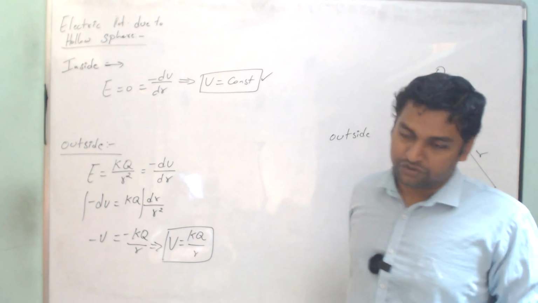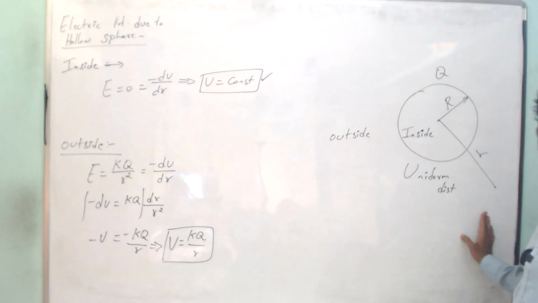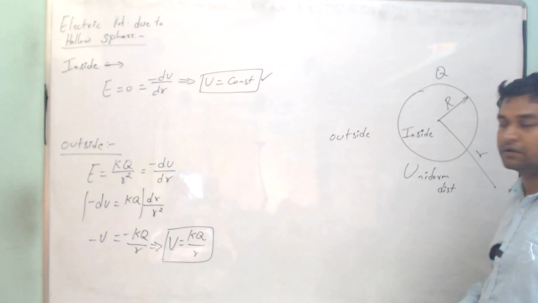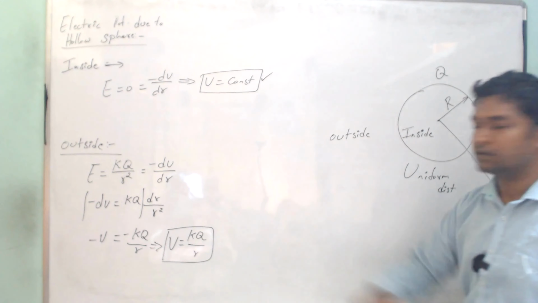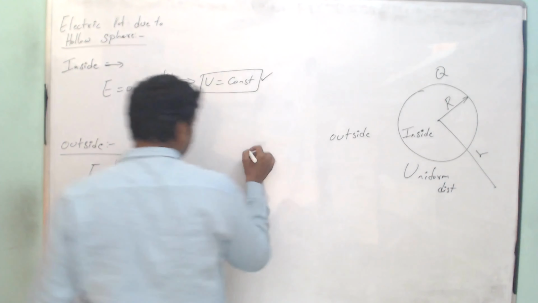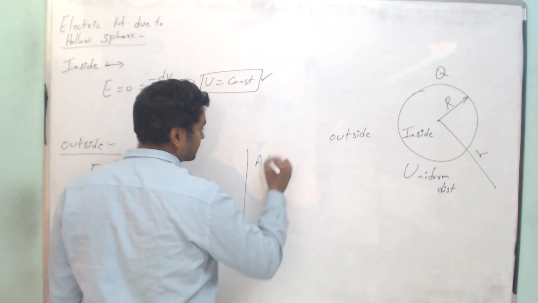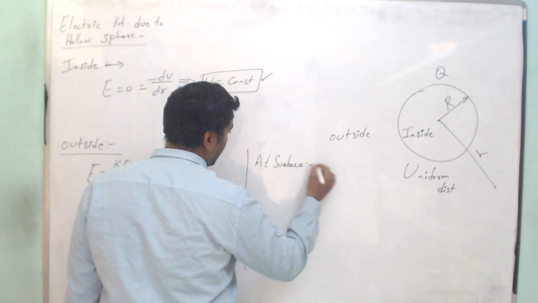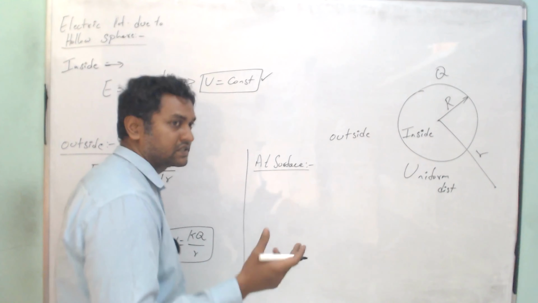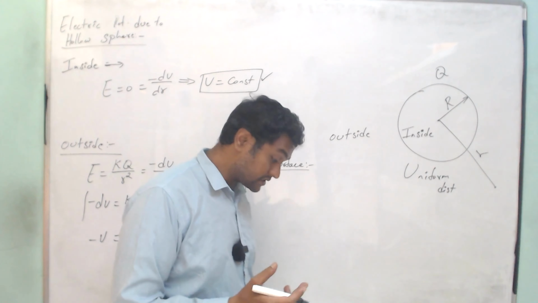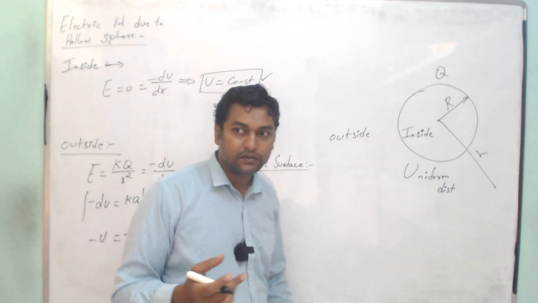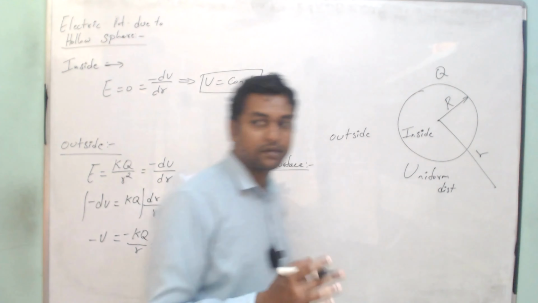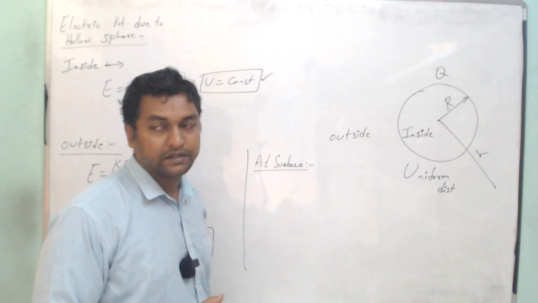By the way, wait. The electric potential outside, we got it as kq by r. Let us just see what it will be at the surface. At the surface, we can't define it as outside or inside. I don't know if I am inside Earth or outside Earth, because I am exactly at the surface, right?